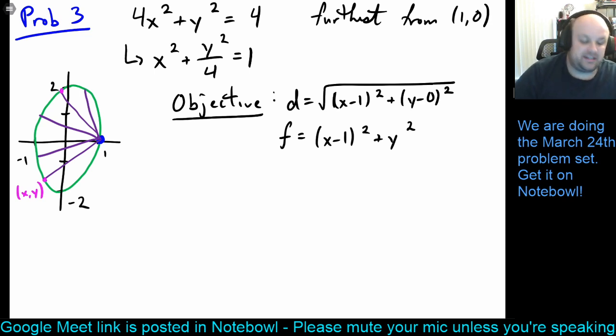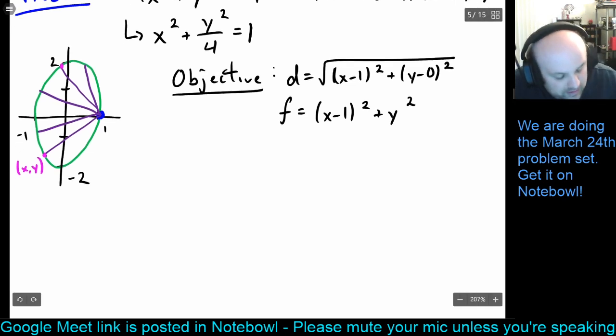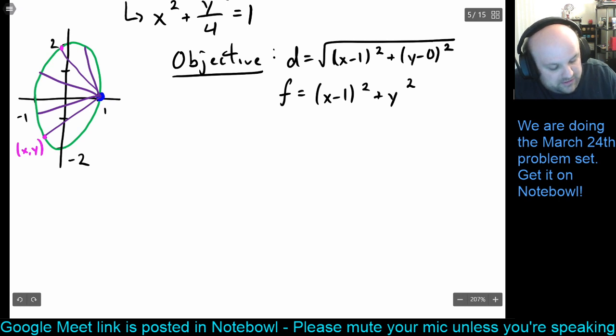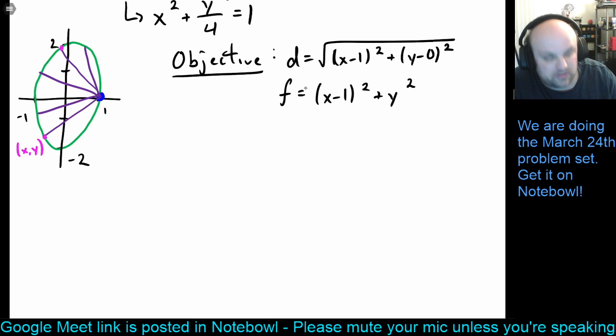This is okay to do because this function always outputs positive numbers. So I'm never going to take a minimum that's a negative value, square it, and turn it into a positive value. That won't happen. So anything that's a minimum stays a minimum. Anything that's a maximum stays a maximum. So this is our objective function, an easier one to work with. So we're going to use f as our objective.